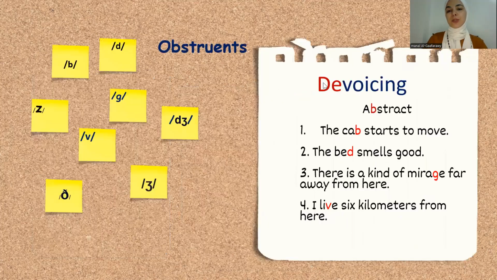Okay, and afterwards we have devoicing. By the way, this phenomenon is not very popular in books, but it's very important, again, when it comes to listening and to understanding and maintaining the flow and smoothness of speaking. Devoicing, as it shows from its structure, means removing the voicing or removing the vibration.